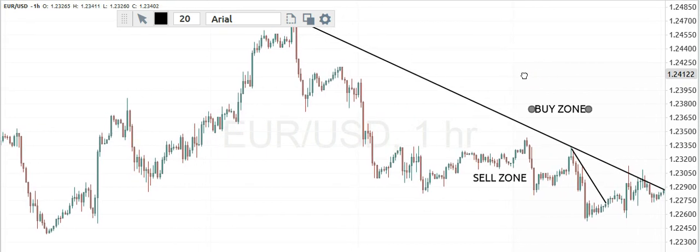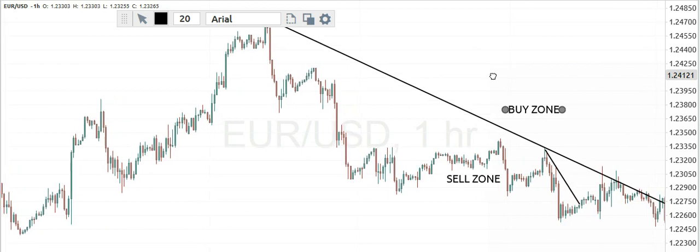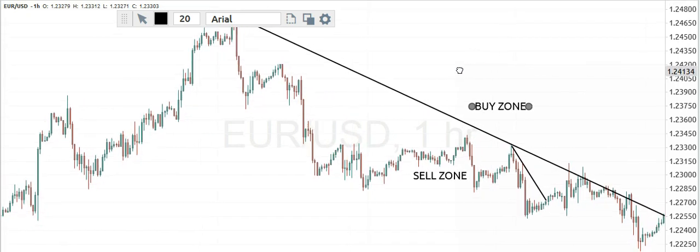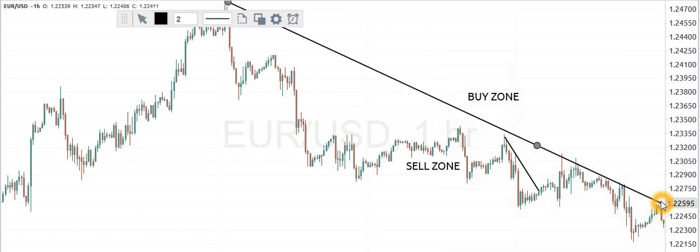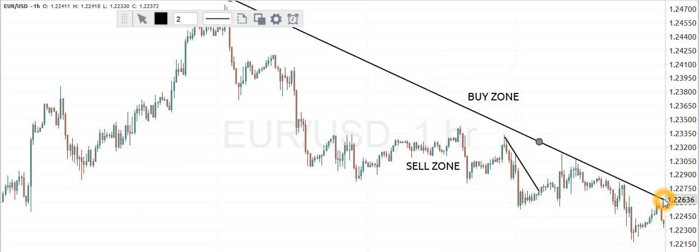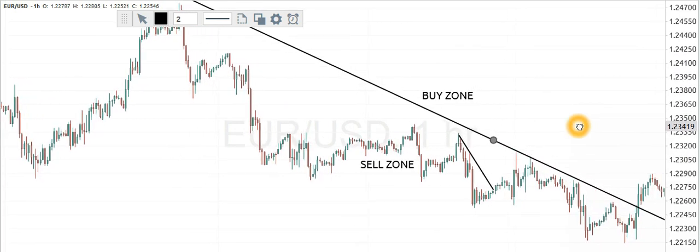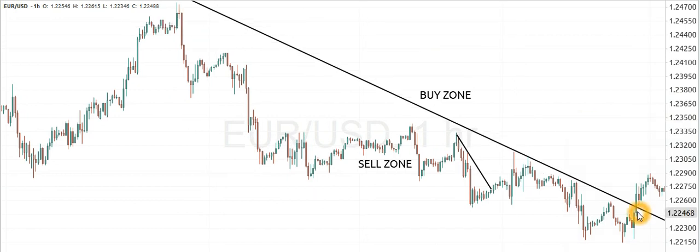At this point, what we would have done is simply adjust our trend lines. And right here, the market has now broken the downtrend line. It has moved from the sell zone and is now in the buy zone.